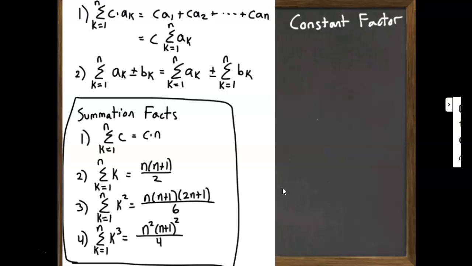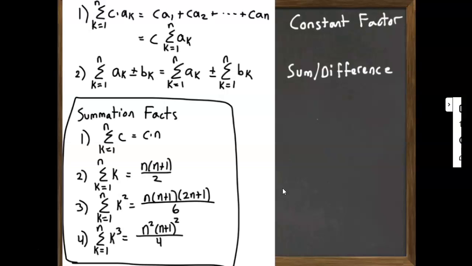And then the second one, I don't go into a lot of detail here. But the second one says if you have two sequences, AK and BK, and they're either being added or subtracted inside of a sum, well, since a sum is just a big long addition problem, you could redistribute and actually have the sum of the AK sequence and the sum of the BK sequence.